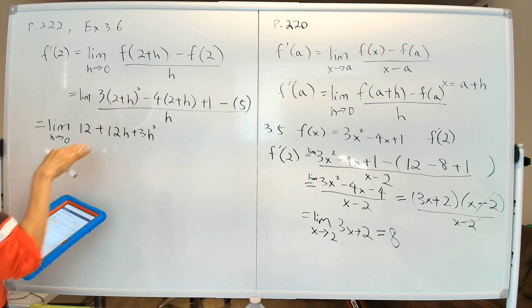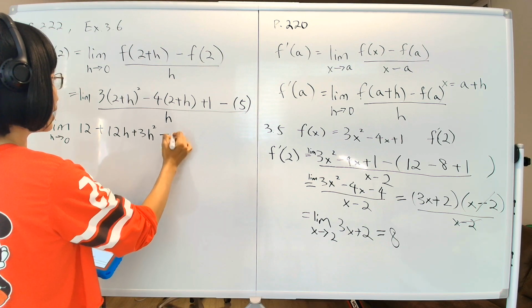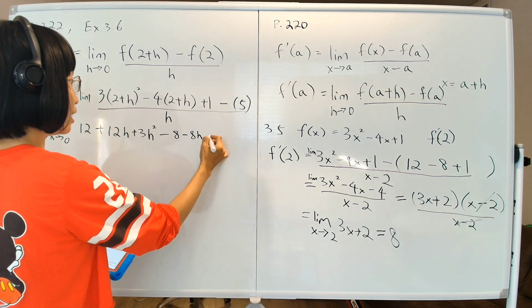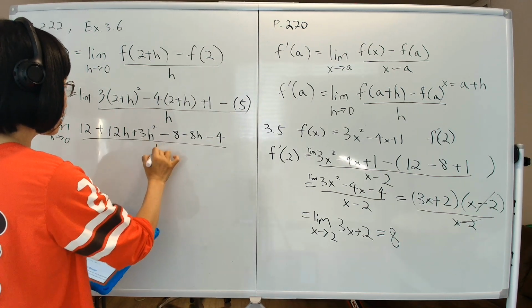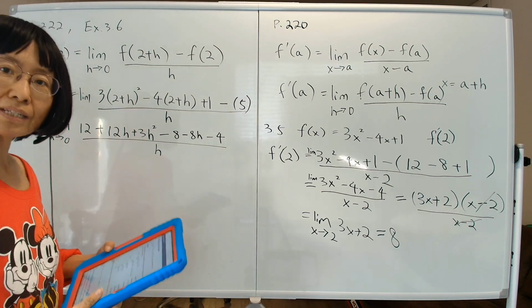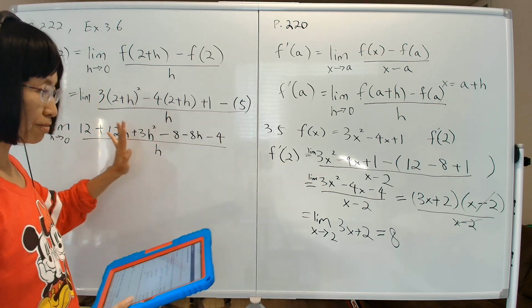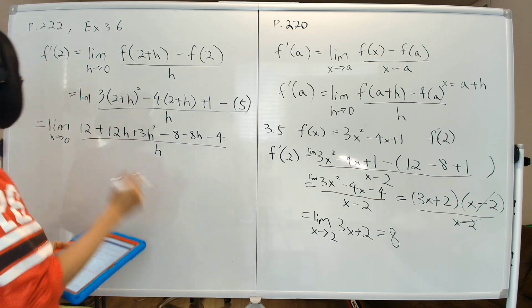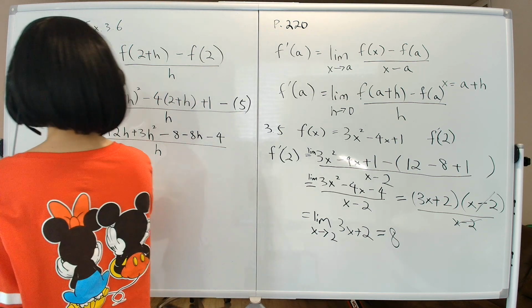Yes. Well, let's hope it's correct. And then minus 8 minus 8h minus 4, all divided by h. We're doing effectively the same thing we did over here, but this particular way we get more stuff that has to be cleaned up. So anyway, keep going.